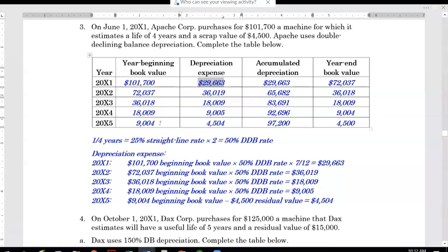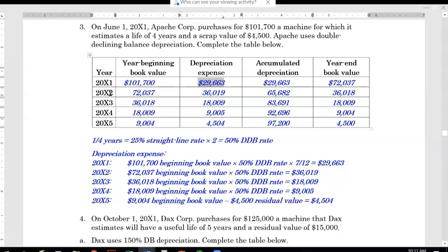So you create this in Excel. 18,000 times 50% rate becomes 9,000. 9,000 depreciation expense will be added to accumulated depreciation, and that becomes 92,000 total accumulated depreciation minus 101,700. Year-end book value is 9,400.